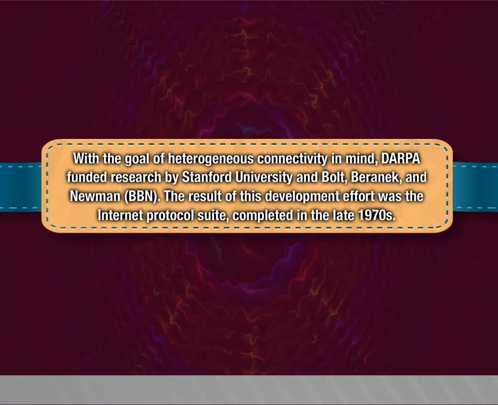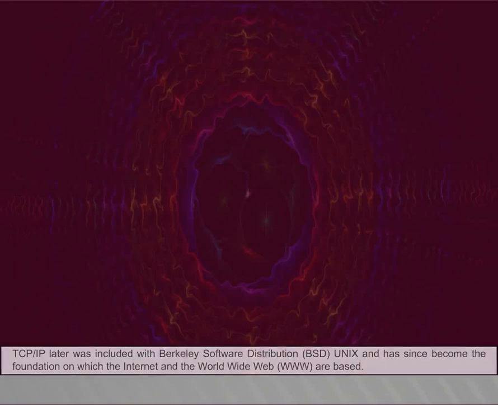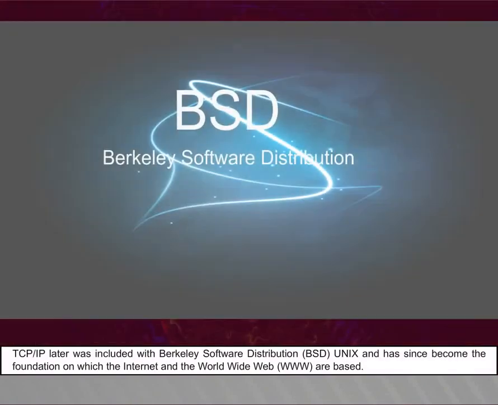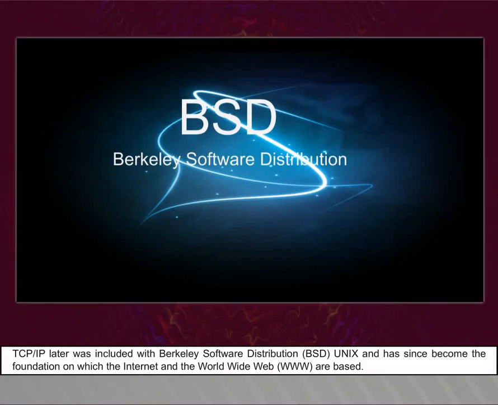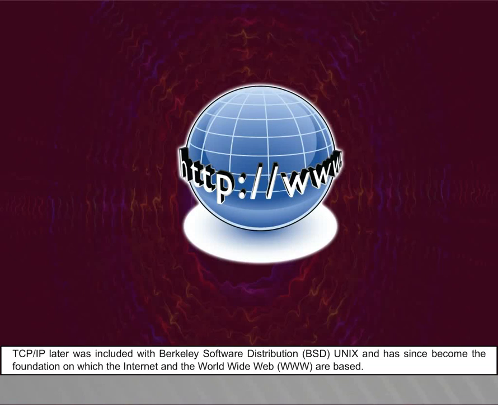The result of this development effort was the Internet Protocol suite, completed in the late 1970s. TCP/IP later was included with Berkeley Software Distribution (BSD) Unix and has since become the foundation on which the Internet and the World Wide Web (WWW) are based.